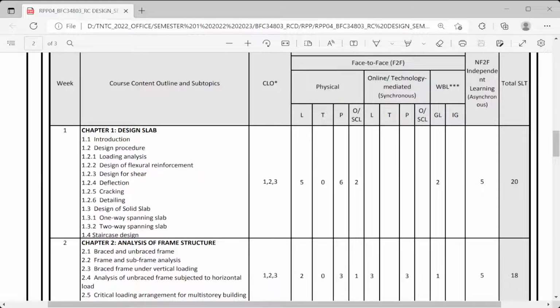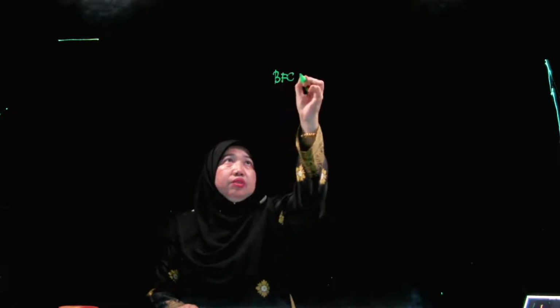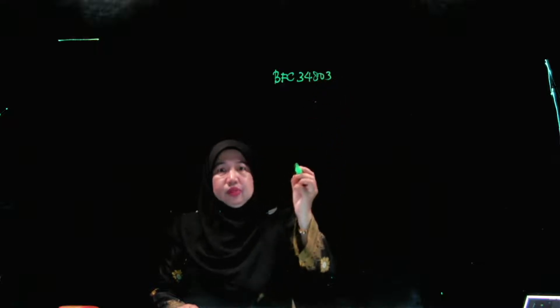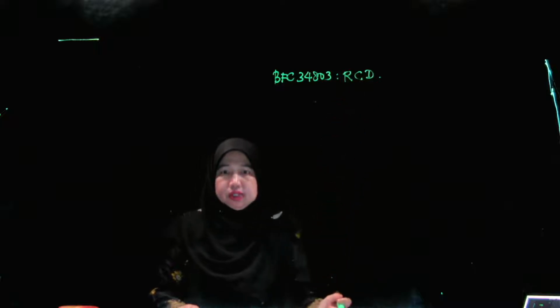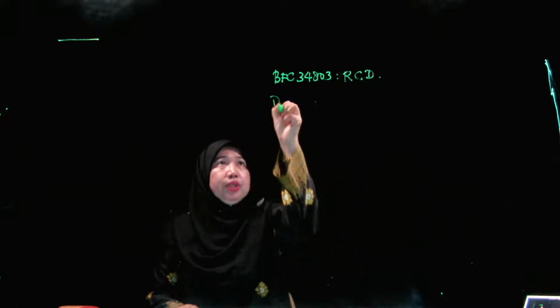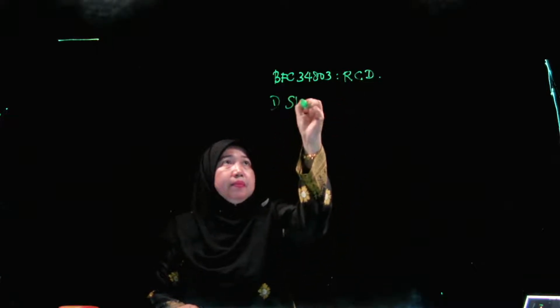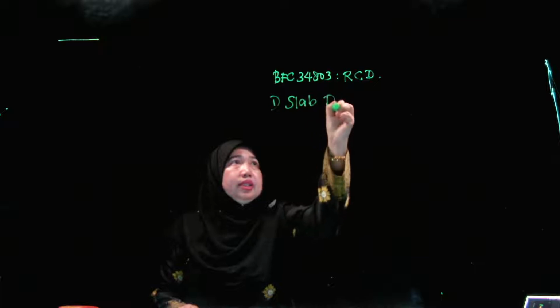Here we have 5 topics, as I already mentioned. This is BFC34803, reinforced concrete design, the symbol of the subject. The first topic is slab design.